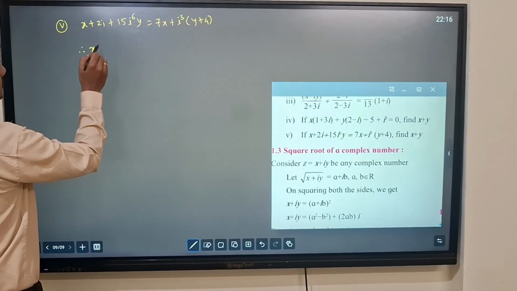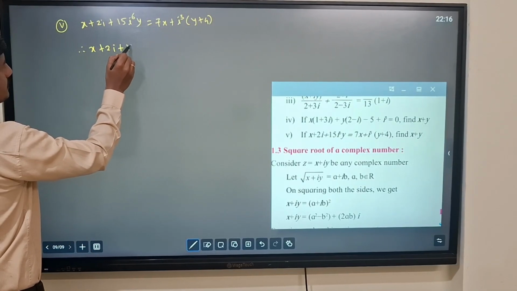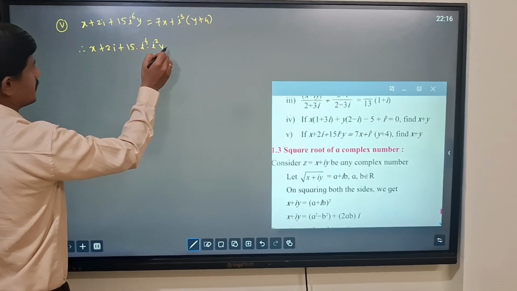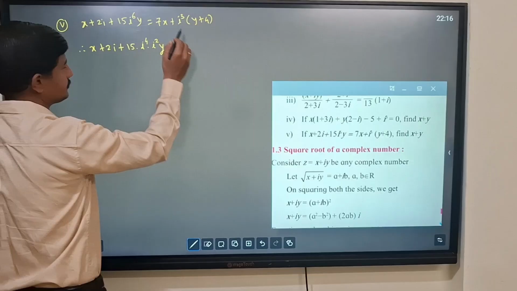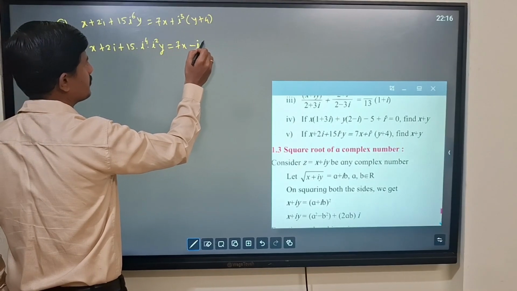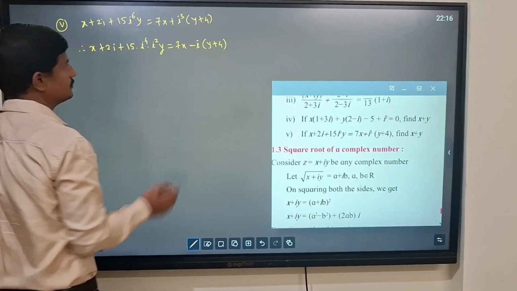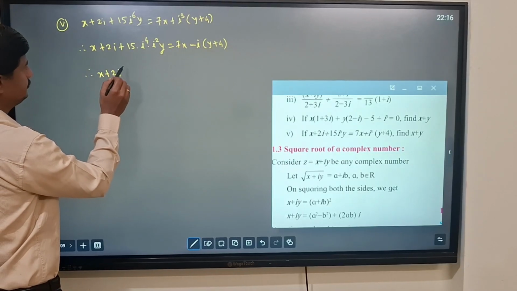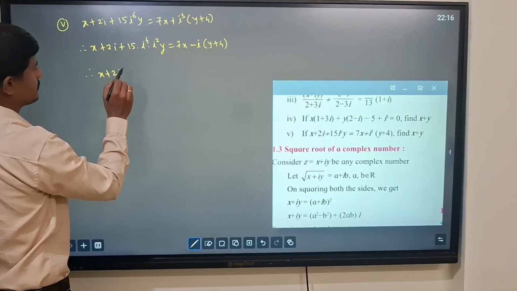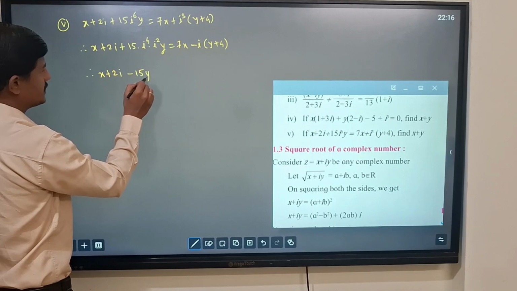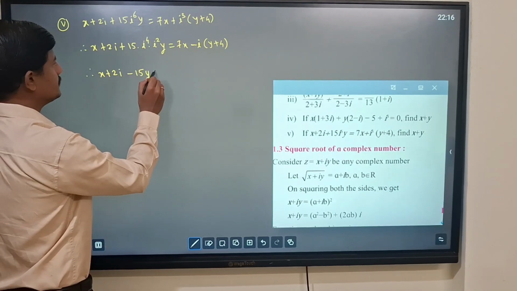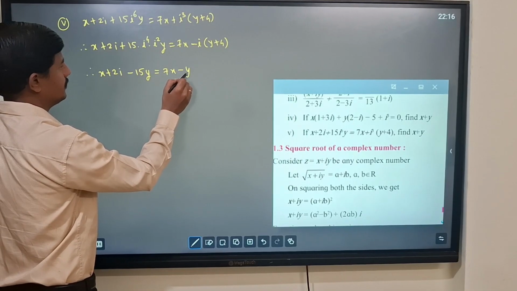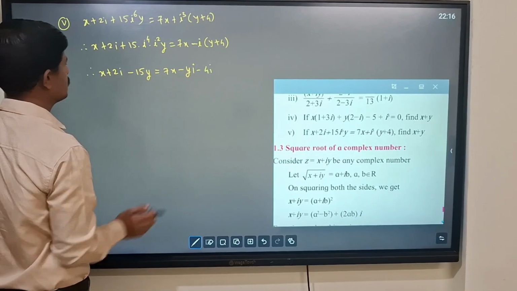Therefore this becomes x plus 2i plus 15, this is i raised to 4 into i square into y equal to 7x, i cube is simply minus i, y plus 4. So this becomes x plus 2i. i raised to 4 is 1, i square is minus 1, so it becomes minus 15y equal to 7x minus yi minus 4i.